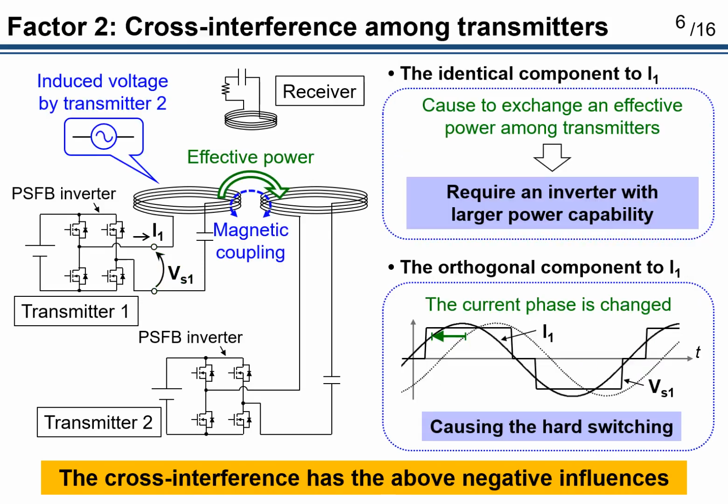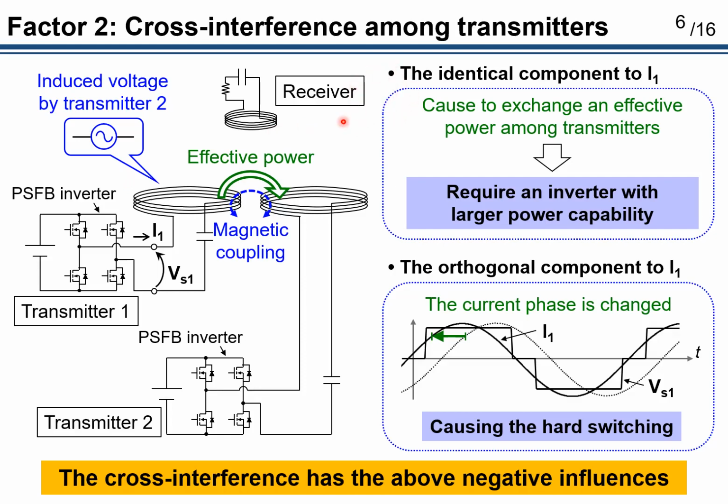The second factor is the cross interference among transmitters. The induced voltage by the magnetic coupling among transmitters has a negative influence on the system. For example, we assume that the worst case occurs in transmitter 1. This induced voltage can be divided into two components.